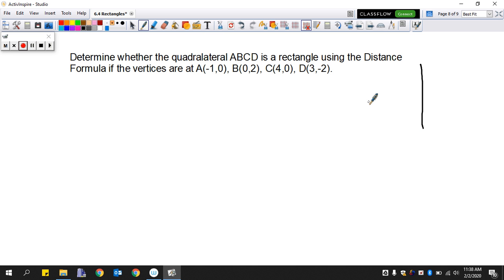I would assume that A and C are diagonals and B and D are diagonals. -1, 0 is here. 0, 2 is here. 4, 0 is here. And 3, -2 is here. So once again, this is just a quick hand drawn sketch.